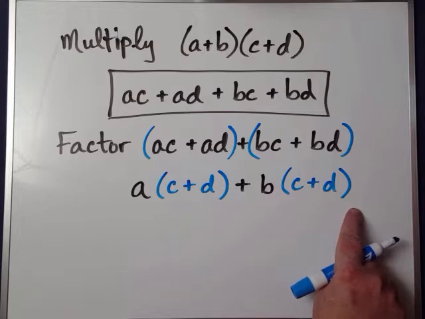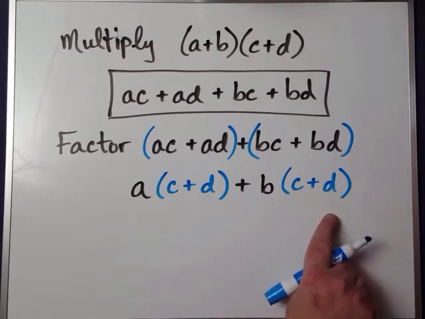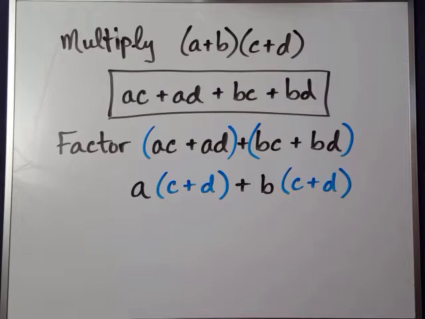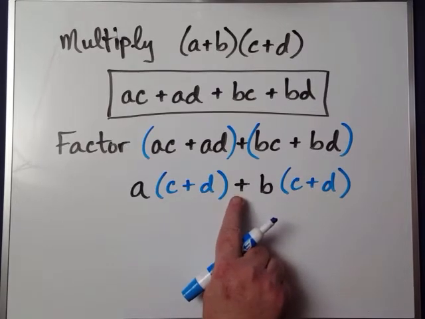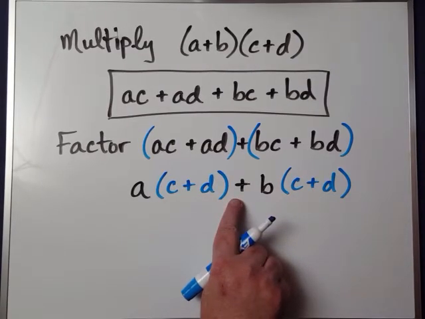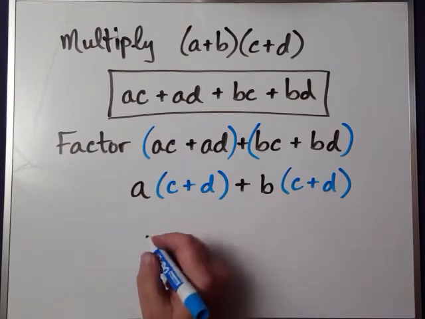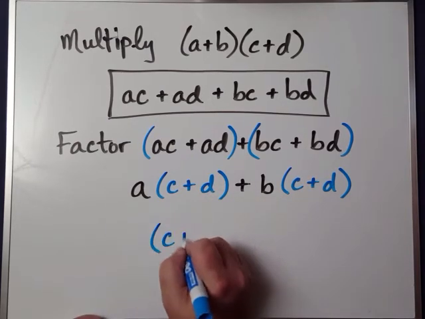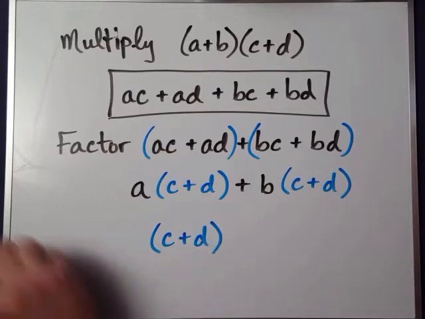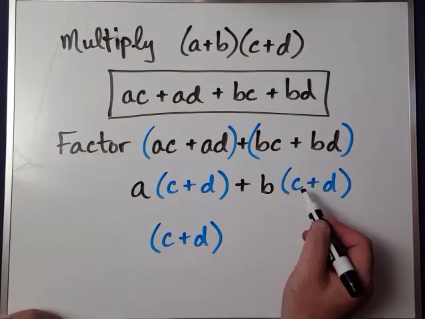You should recognize this problem type as the ones we finished up doing in the last lecture when we looked at the first part of 5.1. We have 2 terms separated by this black plus in the middle, and these 2 terms have a common binomial factor of C plus D. So I can factor out C plus D, and what does that leave out of these 2 terms?